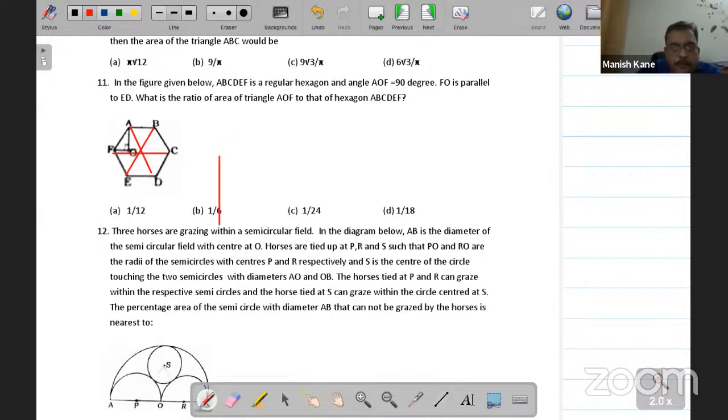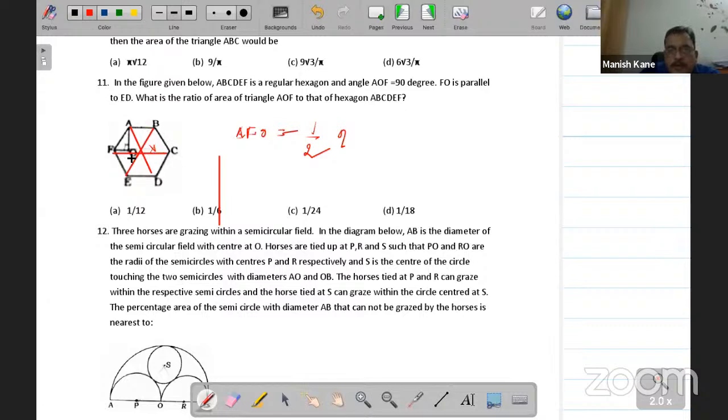Triangle AFO is half of the equilateral triangle. Suppose let's call this AX.